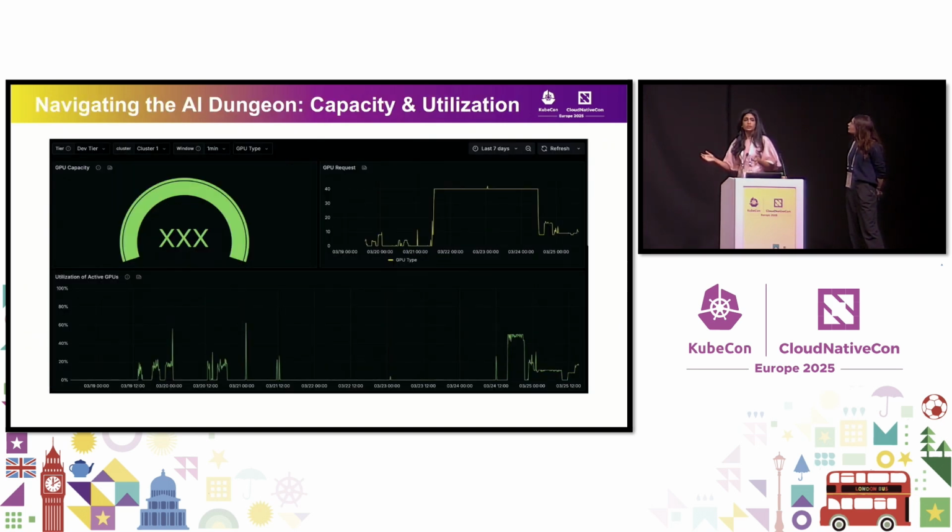Moving on to a different type of dashboard, which I tend to use pretty much every day, which is utilization of your infrastructure. This gives you a focused view of GPU resource demand and usage over a 7-day window. Specifically for a cluster that I'm looking at, it combines real-time and historical context to assess how effectively GPU resources are being requested and utilized. As you can see, there's low and sporadic usage through most of the week.